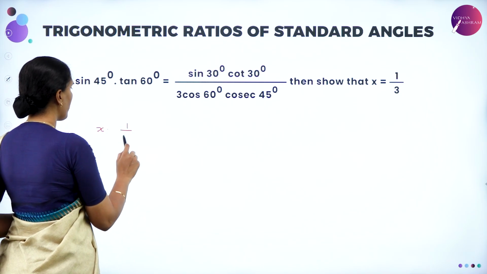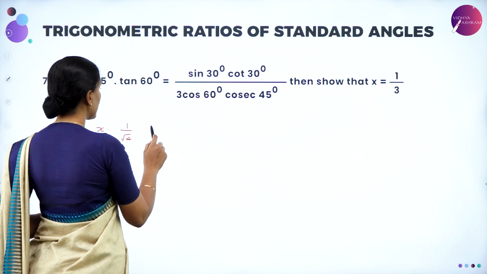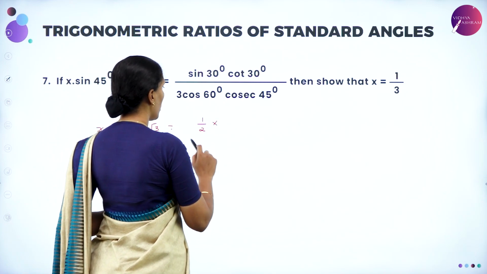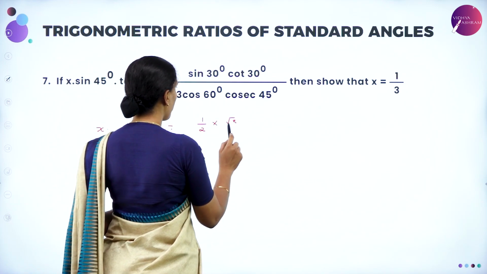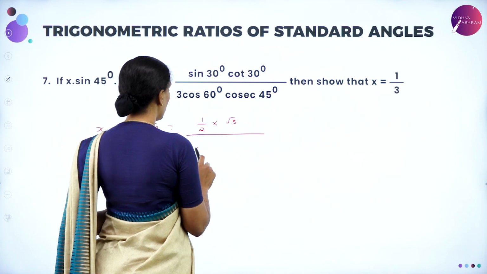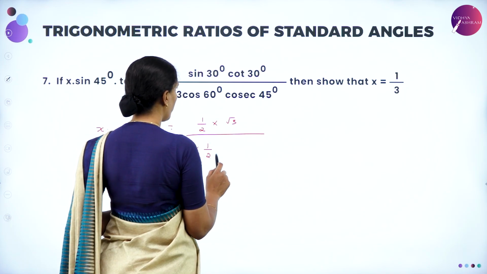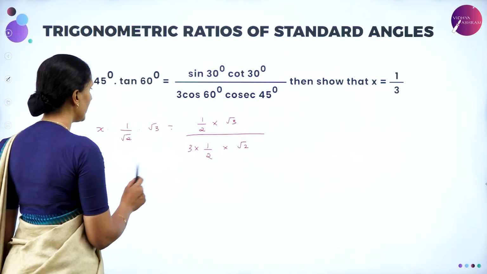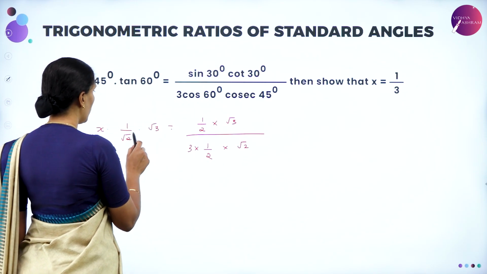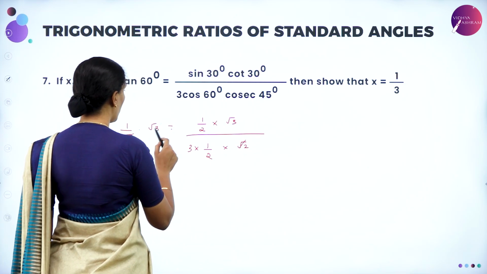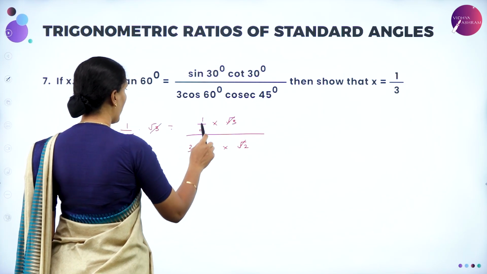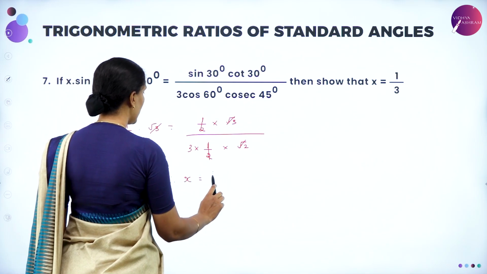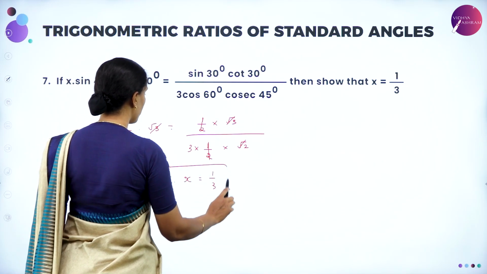Sine 45 is 1 by root 2, tan 60 is root 3, sine 30 is 1 by 2, cot 30 is root 3, 3 into cos 60 is 1 by 2, cosecant 45 degree is root 2. So now on either side we can cancel root 2 on both sides, root 3 on both sides. 1 by 2 cancels. So therefore clearly x is equal to 1 by 3.